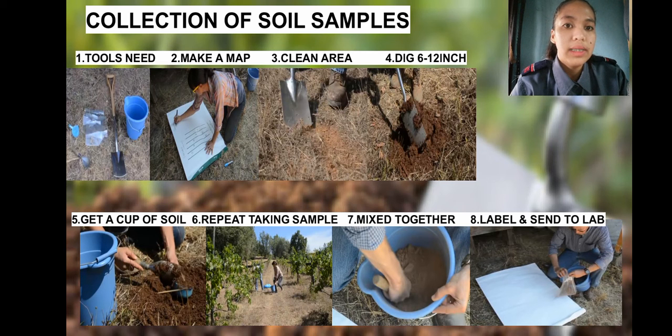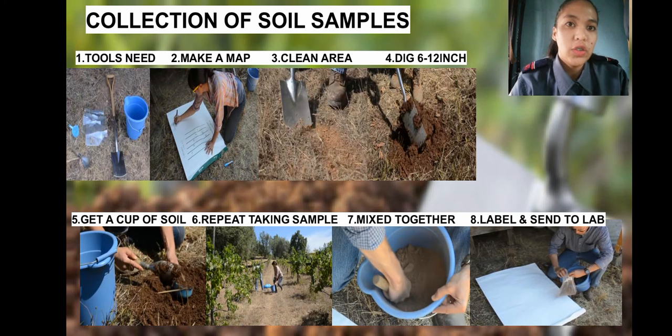So, after that is i-mix together mo siya and then kumuha ka ng cup of soil and then ilagay mo na siya sa bucket mo. So, i-repeat mo lang procedure na yon sa zigzag pattern. So, after nyan is i-mix mo na siya together. And then, last is to i-label mo na siya and then send it to the laboratory for the soil analysis and examination.